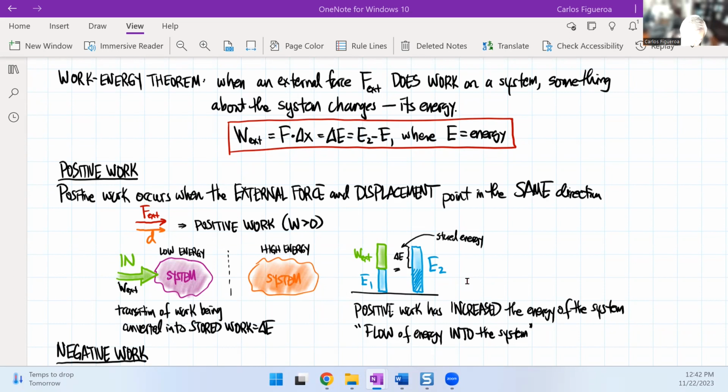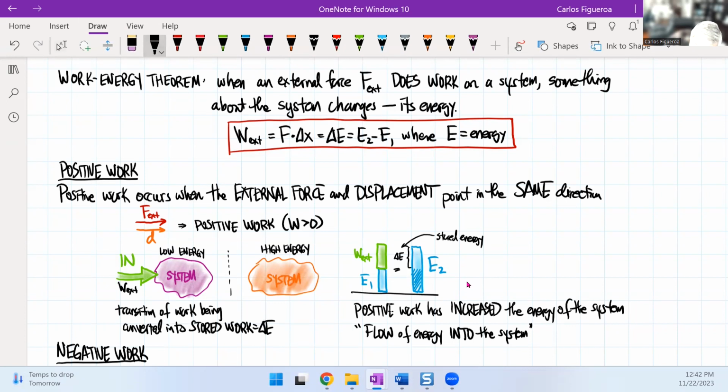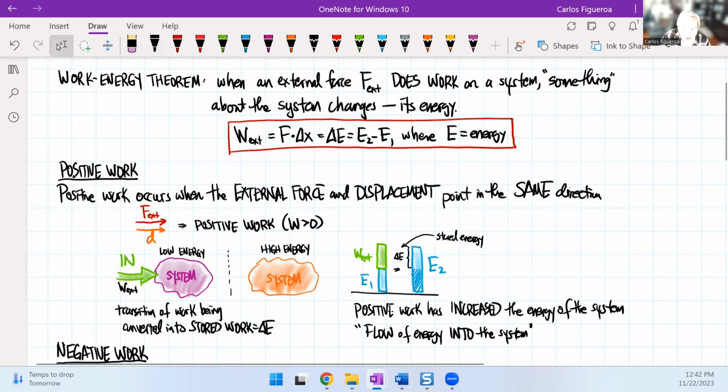That something, maybe I should have put this in quotes here, is what we call energy. And so the work energy theorem says that if I have a constant force, and remember, most of these forces are not constant, they're actually dependent on position.